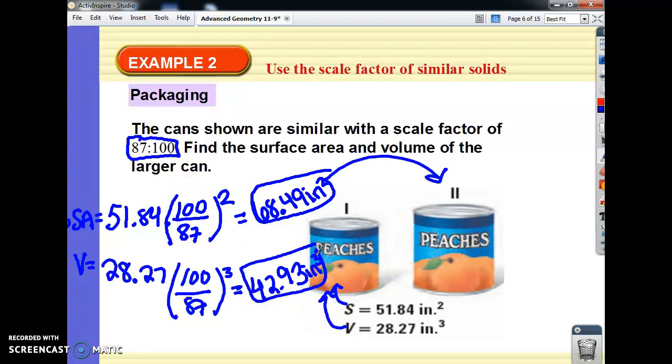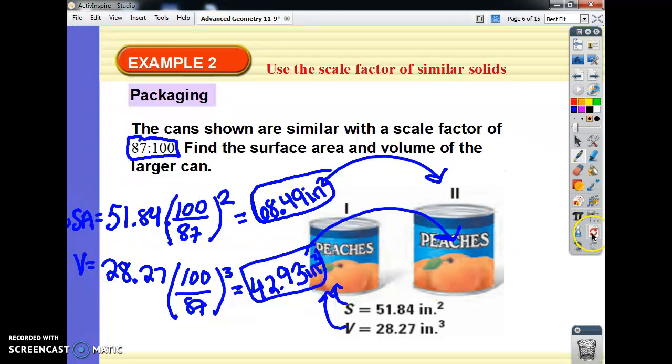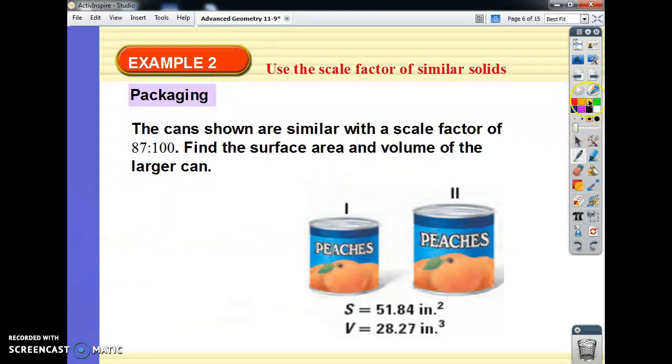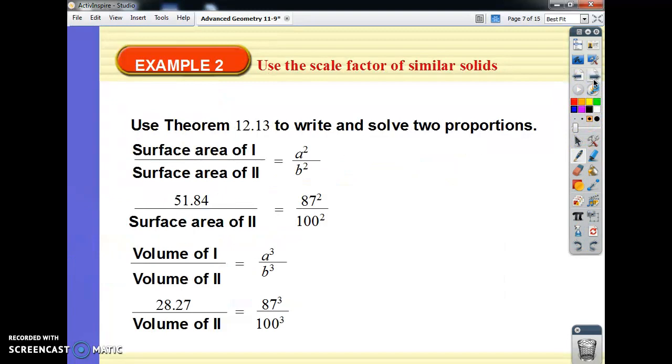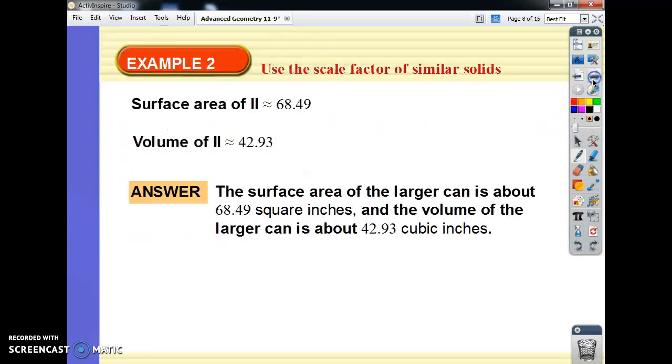And once again, that is the volume for your second shape, your similar cylinder. And there you go. Those are your answers.